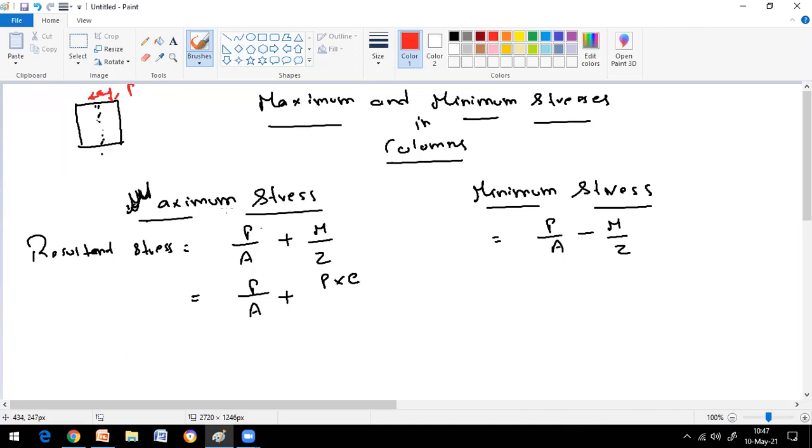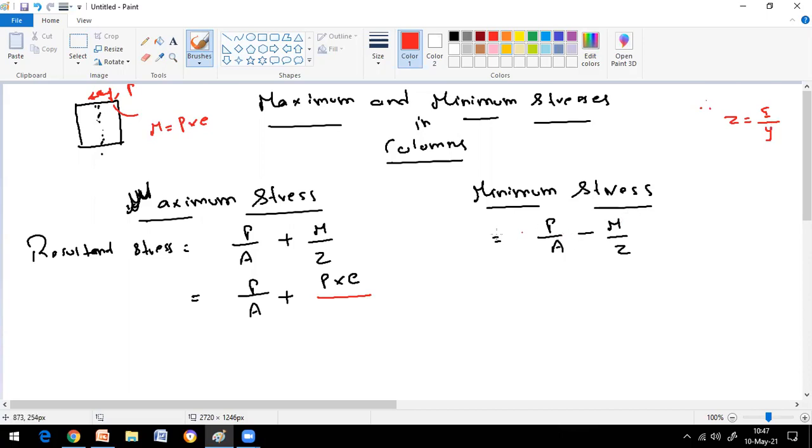So P into E is nothing but moment. So M is equal to P into E, load into eccentrical distance. Then what is Z? Z is I by Y, right? Z is equal to I by Y.